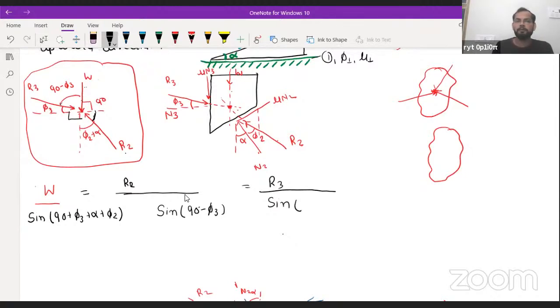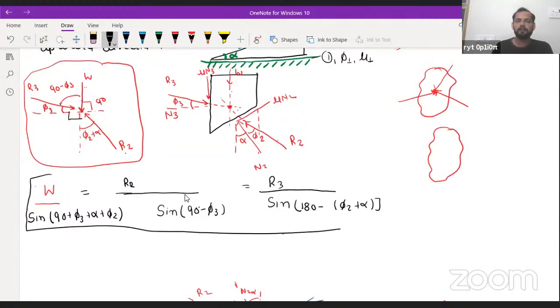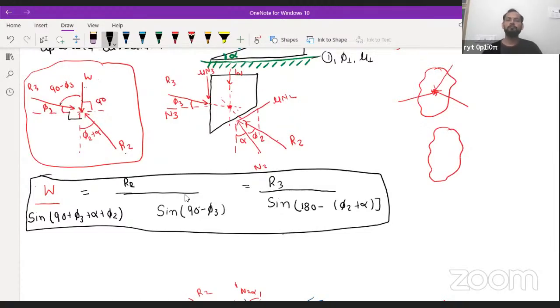That means this angle will be equal to 180 minus phi 2 plus alpha. Is it okay? So in this way, if W, phi 2, phi 3 and alpha are given, you can easily calculate the R2 and R3. This is one concept.